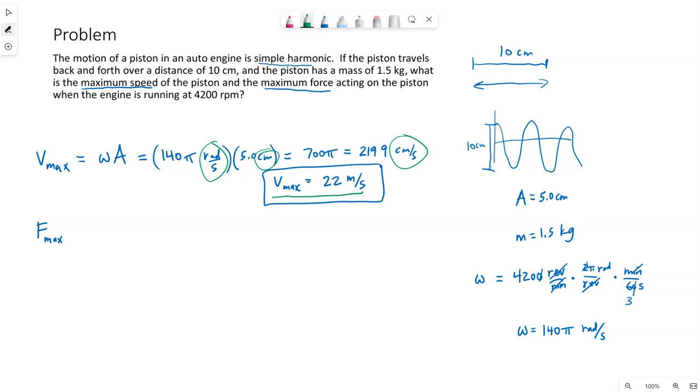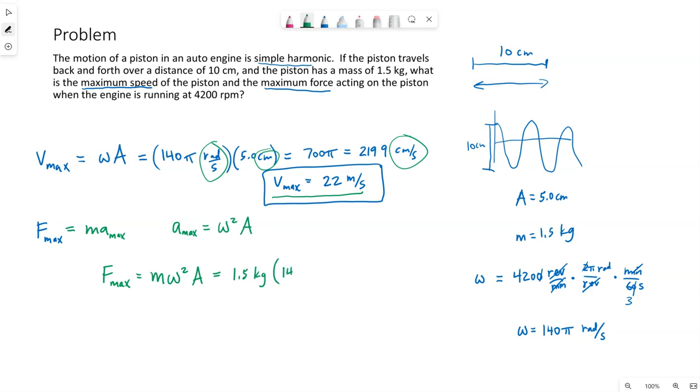Now, maximum force, we do need to recall Newton's laws that force is mass times acceleration. If the force is maximum, then the acceleration is also maximum. So maximum acceleration, we know, is omega squared times A. So we can say the maximum force will be mass times omega squared times A. So mass we know is 1.5 kilograms.